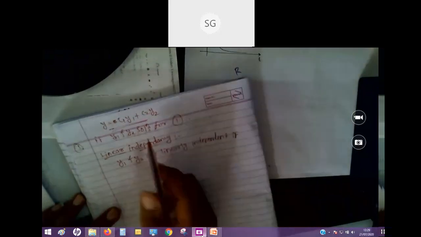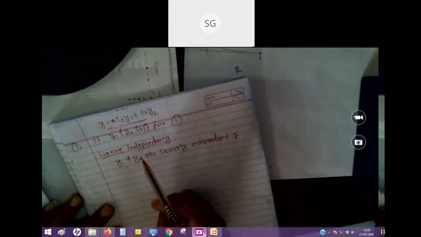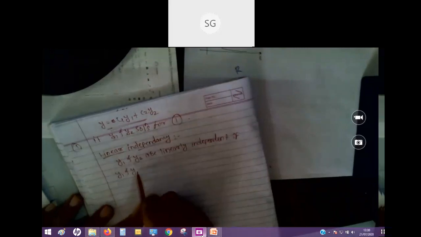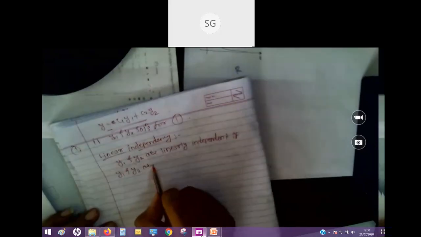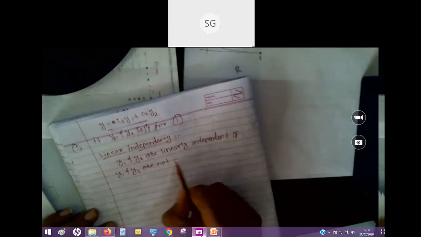y1 and y2 are not constant multiples of each other.